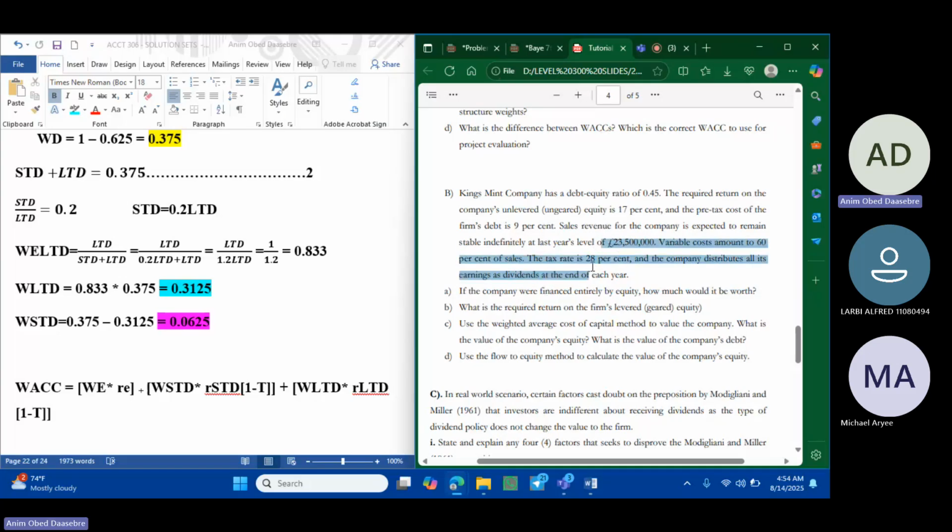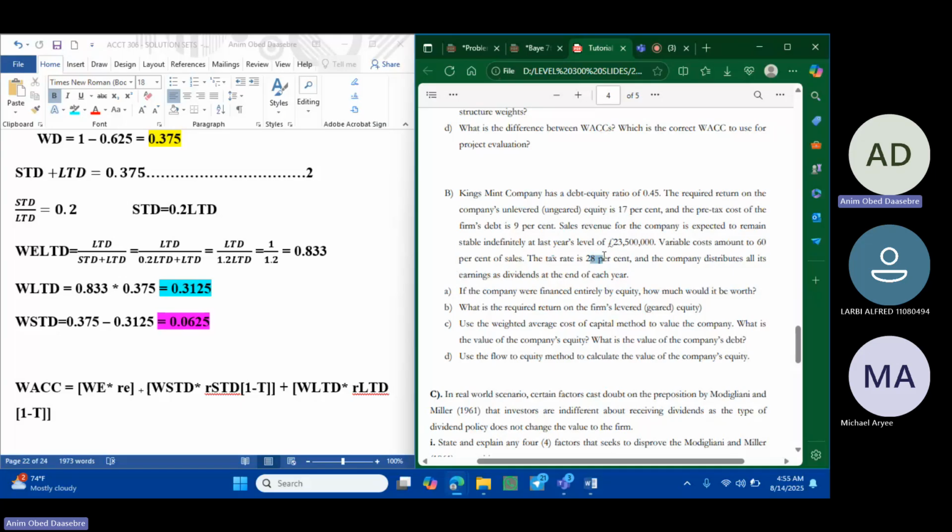Then after we have gotten that, we adjust with the tax.